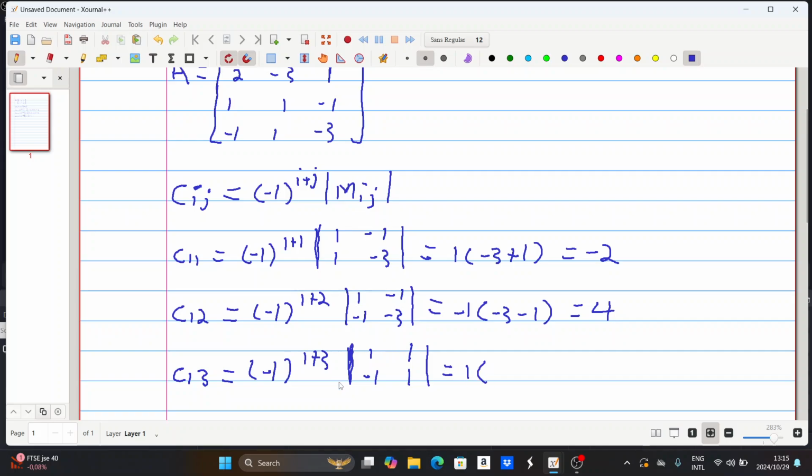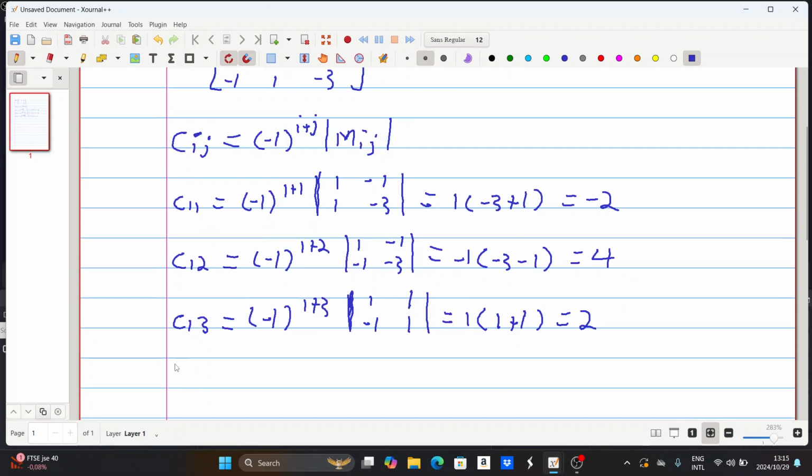Then 1 times 1 is 1, negative 1 times 1 is negative 1, then another negative 1 makes plus 1. 1 plus 1 is 2 times 1 is 2. So C13 is 2.